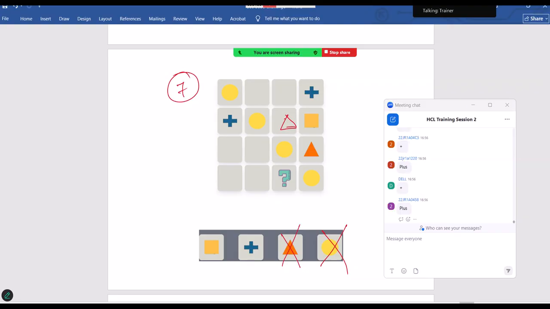Eliminated. Triangle not possible. And here what should be this slot? This will be square. And if you see this here, circle cannot come, plus cannot come, triangle. This is square. Here square not possible. Answer is plus.